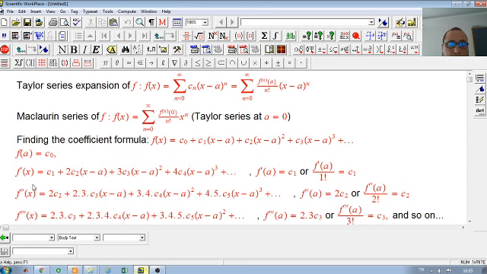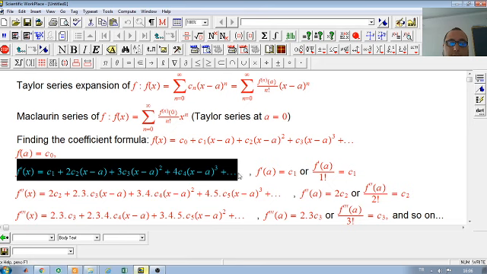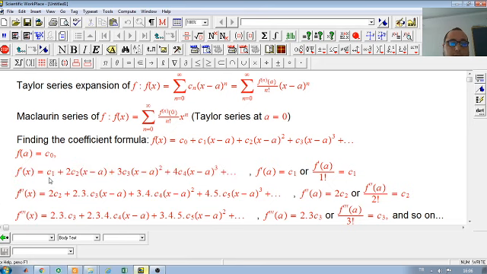Similarly, by taking the second derivative of the previous equality written here, the derivative of c1 is equal to 0. The derivative of the next term is 2 times c2. The derivative of the next one is 2 times 3 times c3 times x minus a times the inner function, if you remember from calculus 1. The derivative of the next one will be this one, and so on. You can see the derivatives easily.